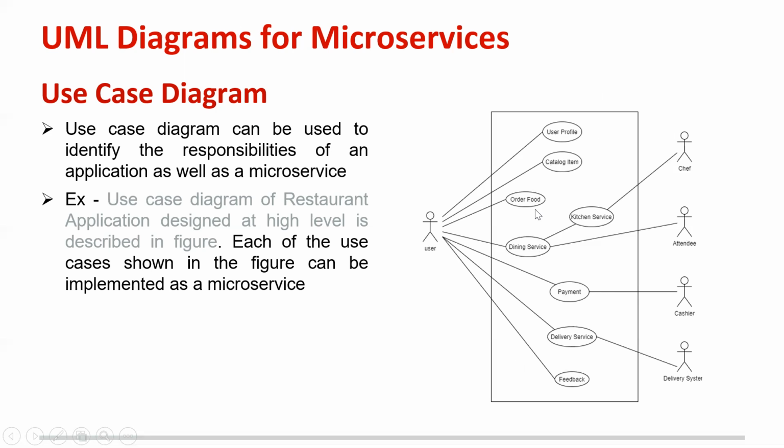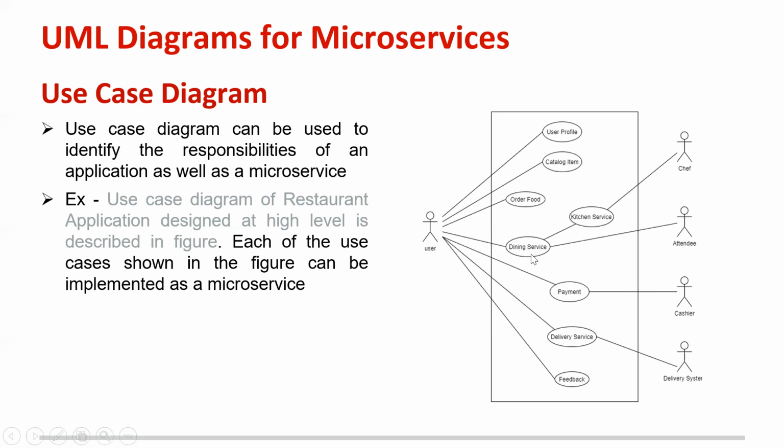He can order food, and he can also avail the dining service. He can pay for the order or for the food he has taken. He can also make use of the delivery service provided by the restaurant, and he can also give feedback. So these are the possible functionalities for a restaurant application.